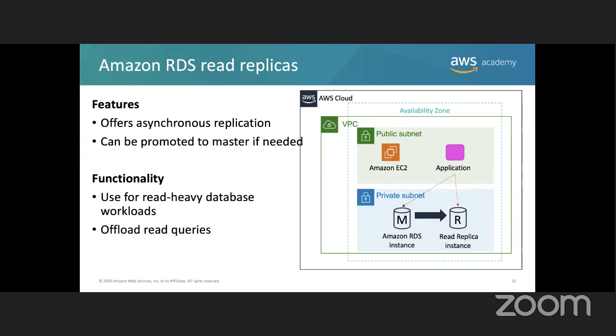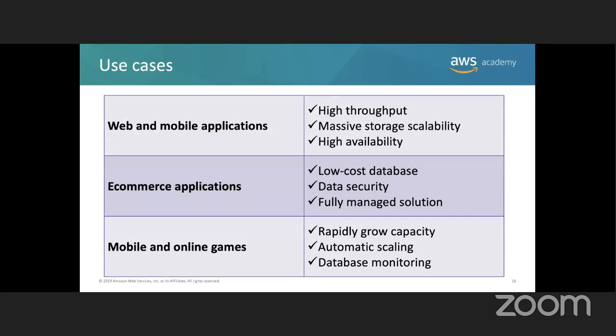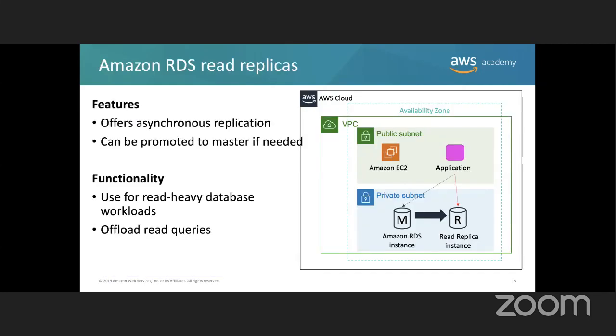Create a read replica, and then the traffic is going to be routed to both databases, not only one, right? To the Amazon RDS master instance and to the read replica instance, and then you offload the burden of the master database. It offers asynchronous replication, like I said; multi-AZ is synchronous, read replica is asynchronous.